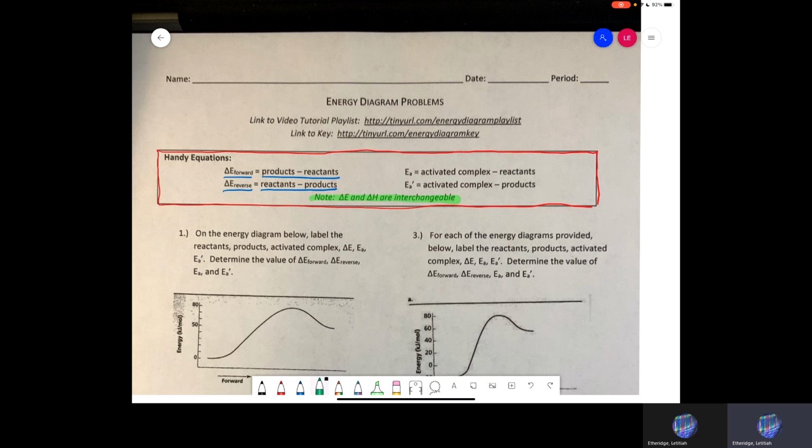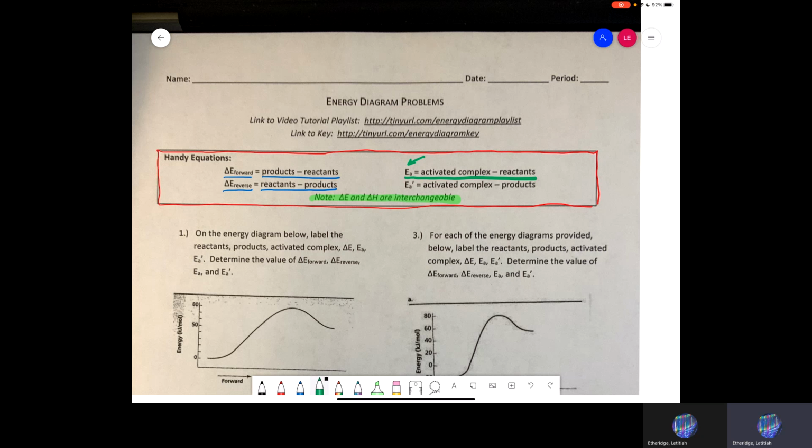The other thing I want you to pay attention to is EA, which is the activated complex minus the reactants. Basically, this is the activation energy.